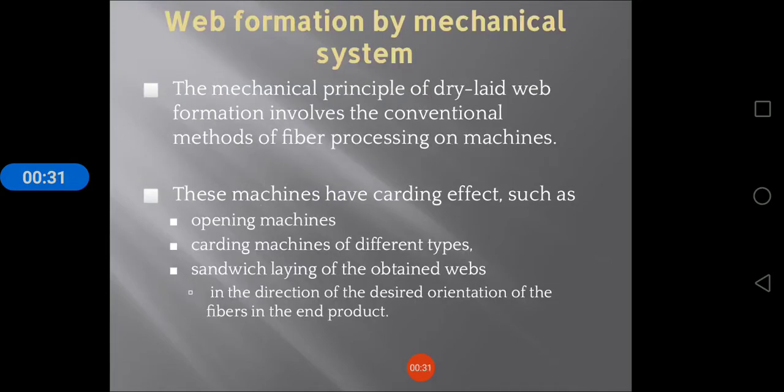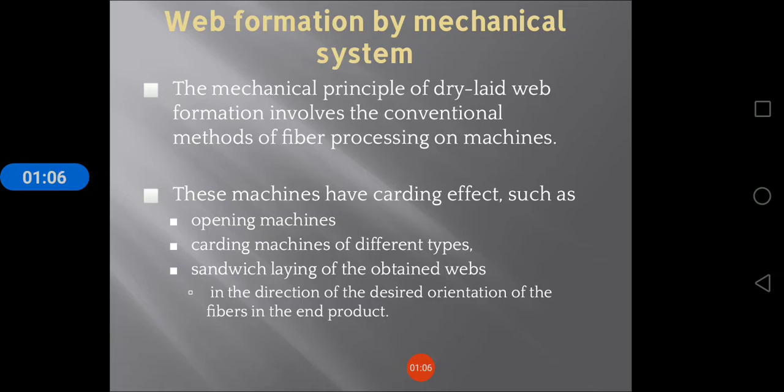The mechanical principle of dry-laid web formation involves the conventional methods of fiber processing on machines. These machines have carding effects, such as carding machines of different types, and sandwich laying of the obtained webs in the direction of desired orientation of the fibers in the end product.